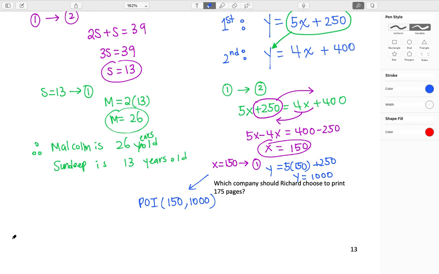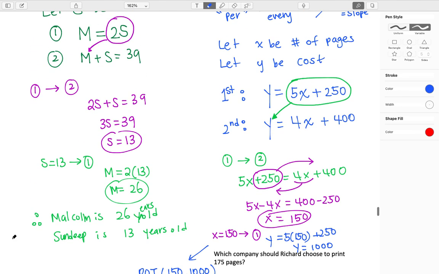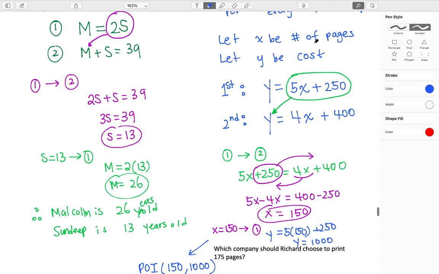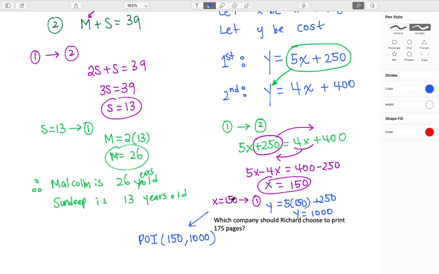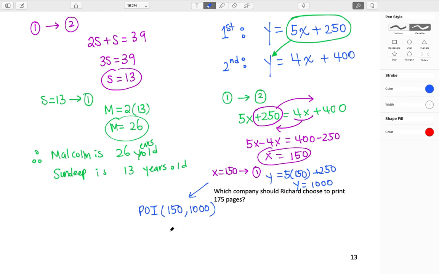Now, what does this point of intersection mean here? X is the number of pages and Y is the cost. That means these two companies are going to charge the same $1,000 for 150 pages. So if you're printing 150 pages, it doesn't matter if you go with the first company or the second company. It's going to cost the same.